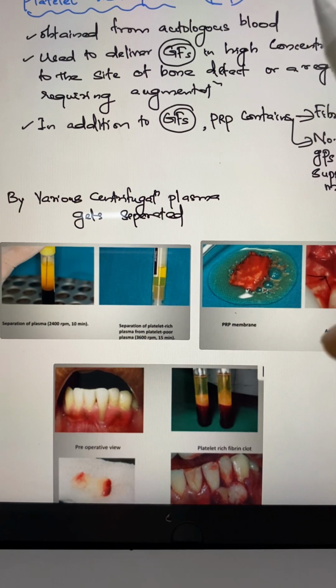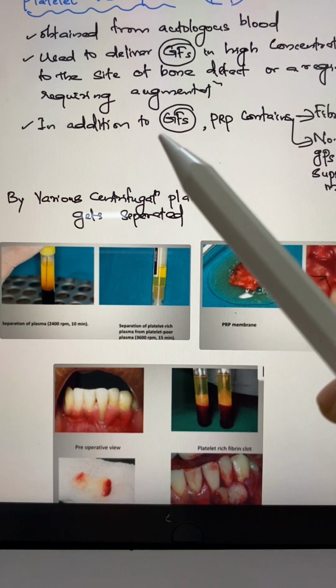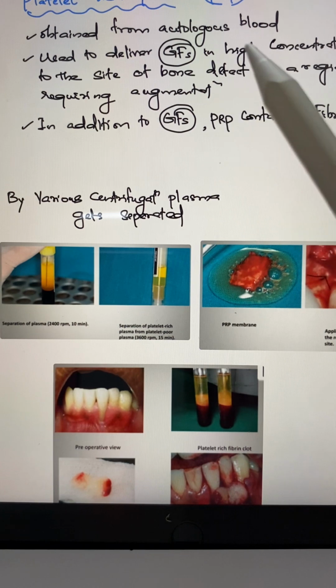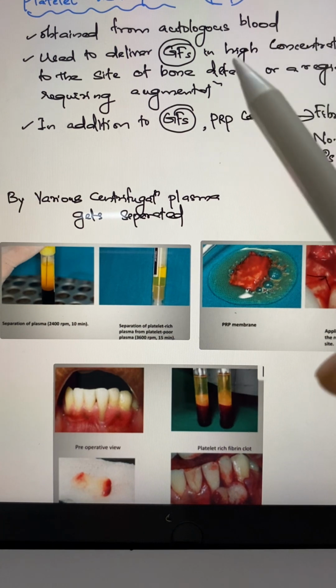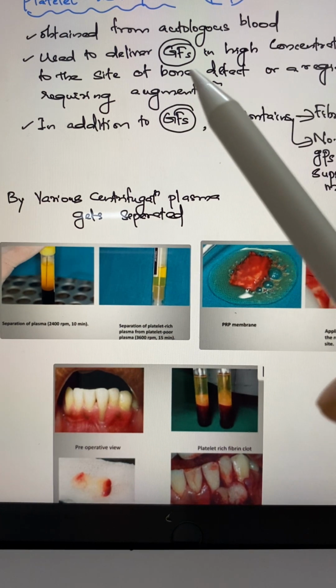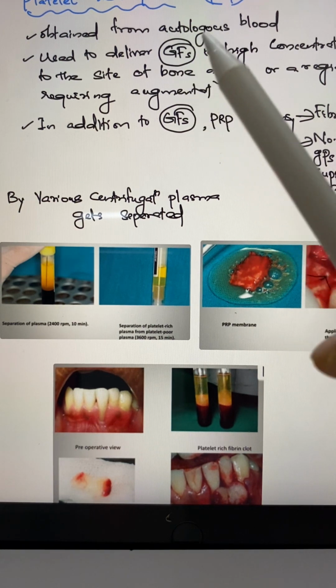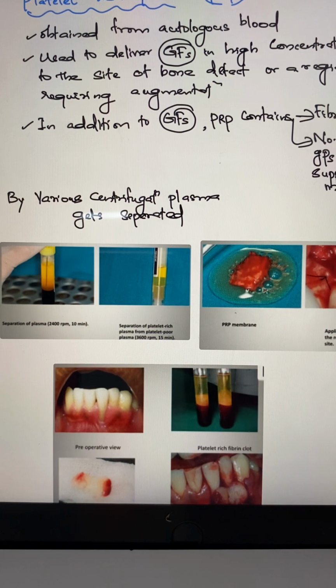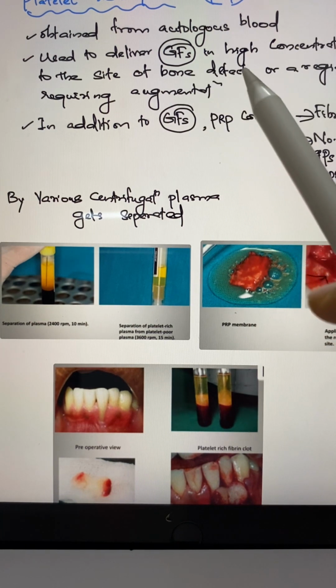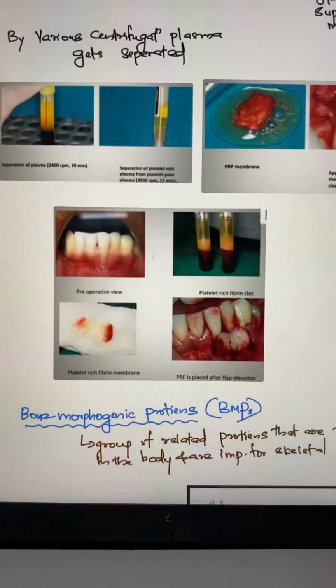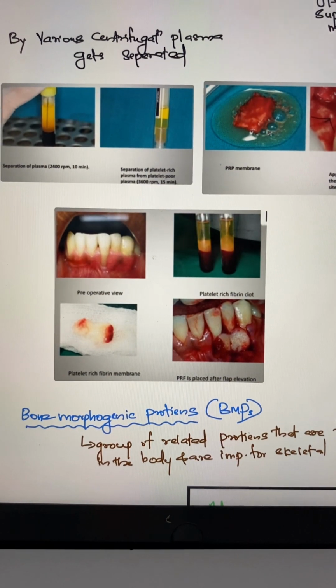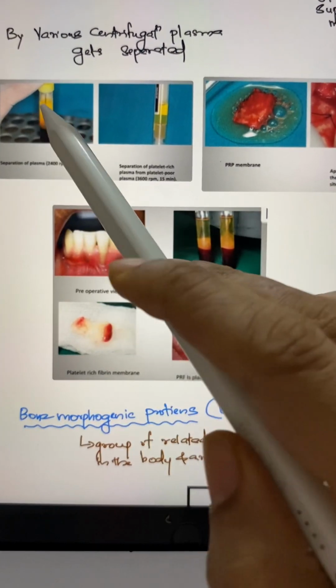This is like tissue engineering that is commonly used nowadays. PRP, platelet rich plasma, is obtained from autologous blood and is used to deliver growth factors in high concentrations to the site of the bone defect. By centrifugation, this plasma gets separated.